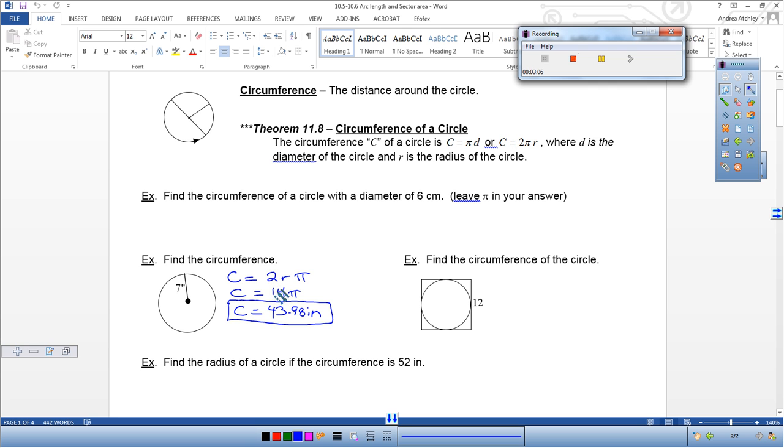We need a radius or diameter. What would be the diameter? 12, right? So that side would be 12, and the diameter would also be 12.